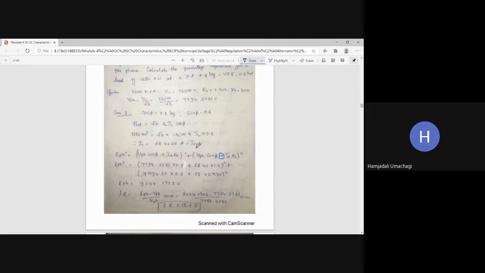Sin phi is 0.6, take plus sign because it is lagging power factor, IA is 68.4266 and XS value is given as 30. Substitute all the values and tell me the answer for EPH.